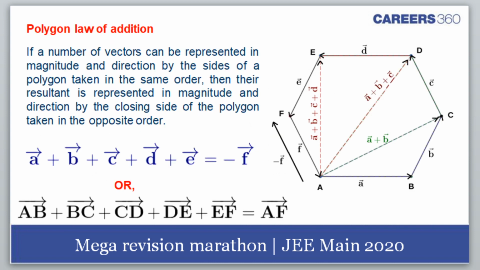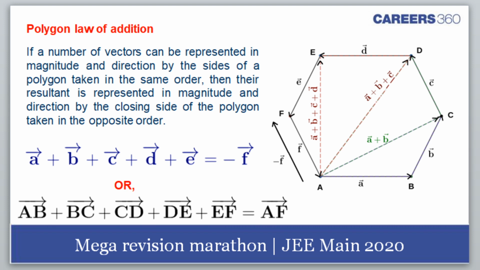Then let's look at the polygon law of addition. What's that? If a number of vectors can be represented in magnitude and direction by the sides of a polygon... How can the sum of two sides in a triangle be equal to the other side? Shouldn't it be greater? Siddharth, what's your question? The sum of two sides of a triangle being equal to the third, that's a vector equation.